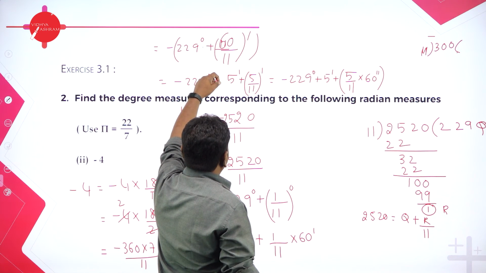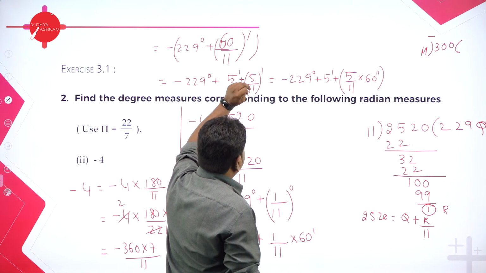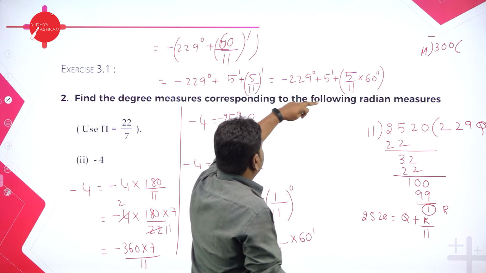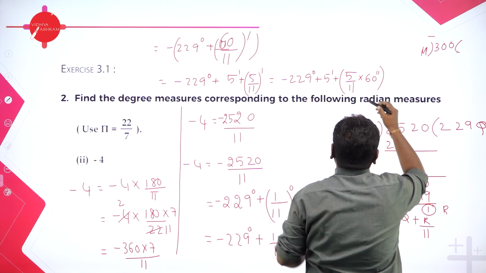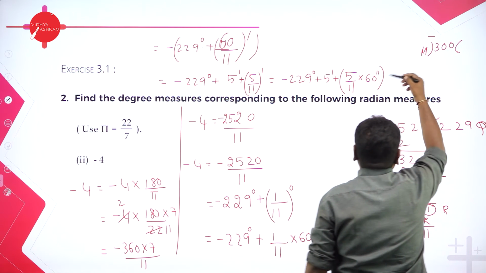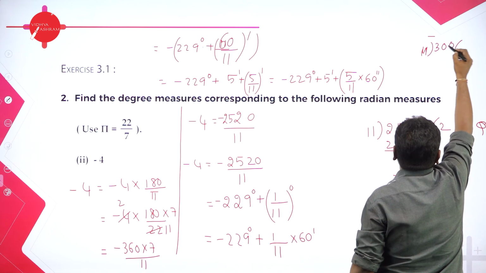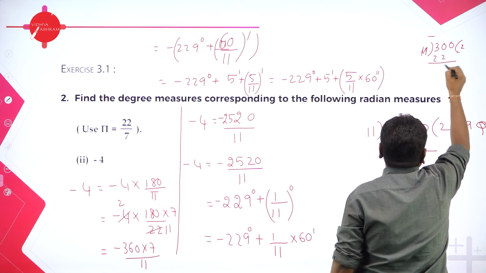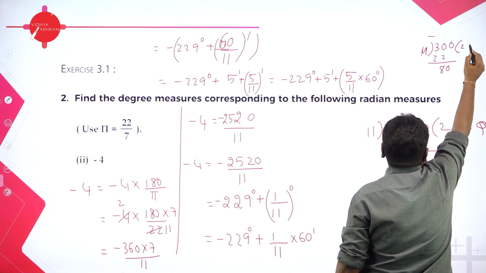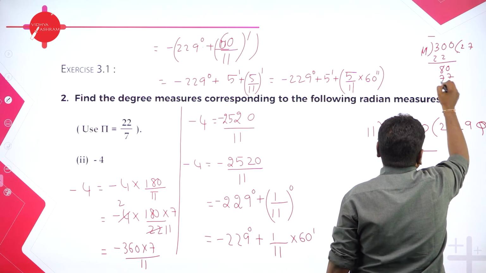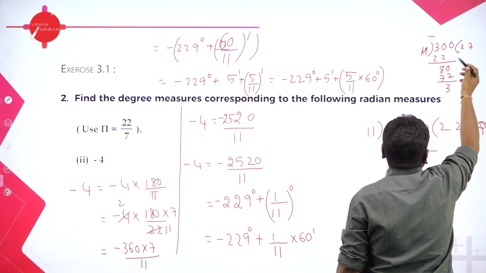60 by 11 can be written as 5 plus this part I will convert, 5 by 11. 5 by 11 how to convert? Again multiply 60, and keep dividing it. 11 2s are 22, 8, 11 7s are 77, 3, that's it.